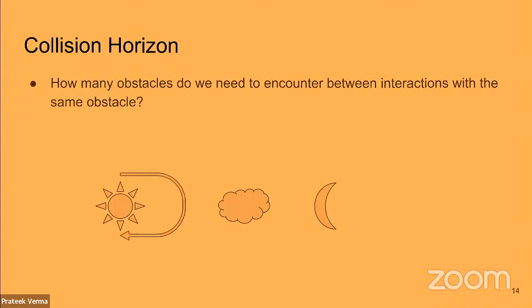If we look at this trajectory right here, we're really only getting close to one obstacle, the sun, right? And the start and the end of the trajectory are correlated, if the only thing we're uncertain about is the size of the obstacle. And because we're only interacting with one obstacle, the collision horizon we're going to say is 1.